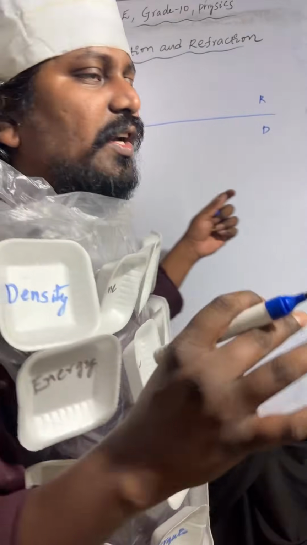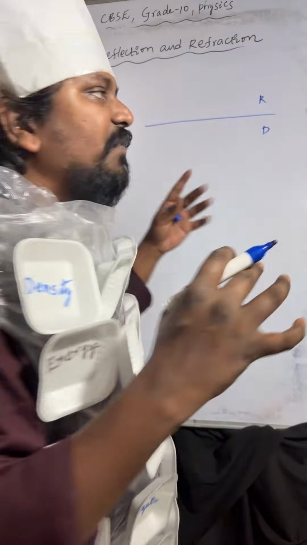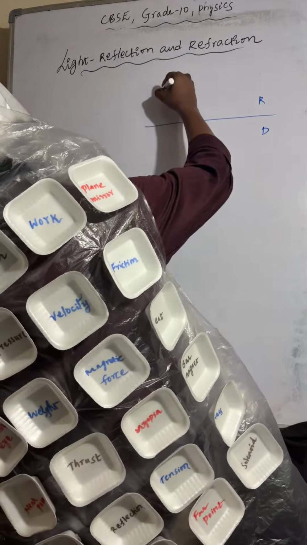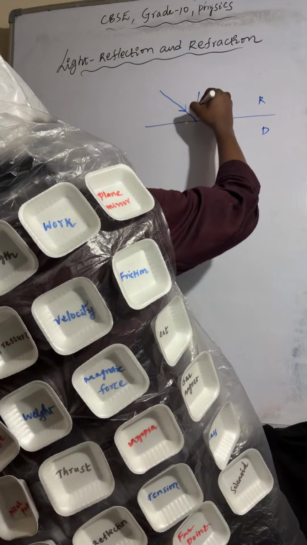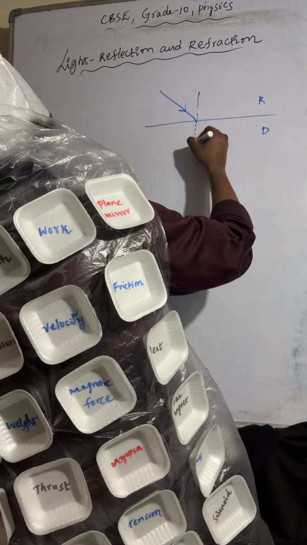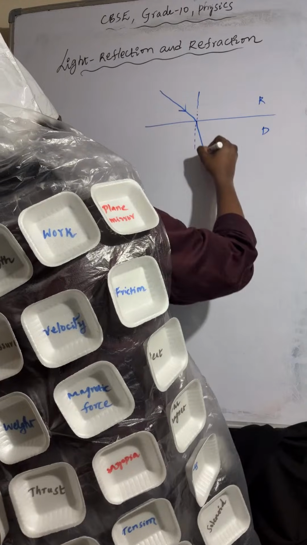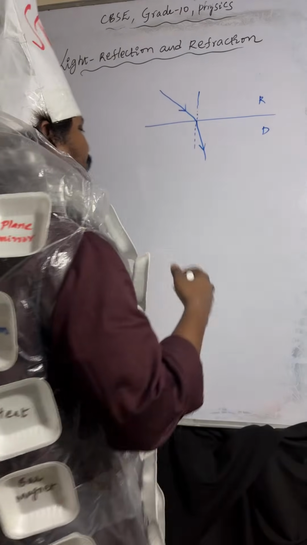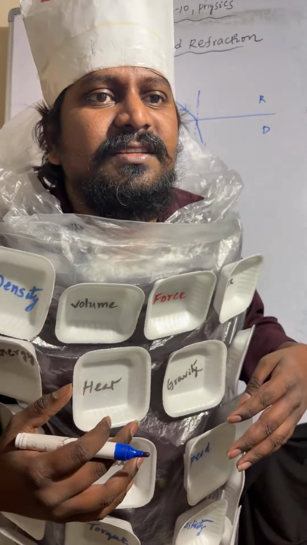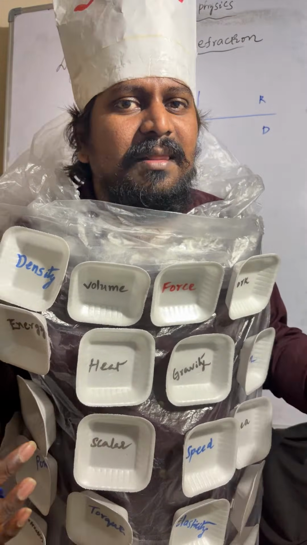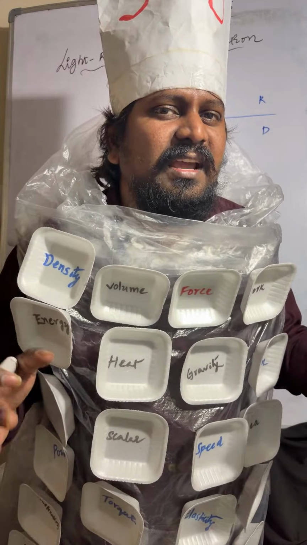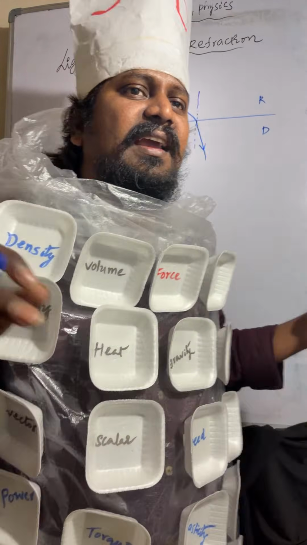So here I am taking the refraction of light. Light is moving from rarer to denser. The path of the light ray changes from one medium to another medium. The angle between incident ray and normal line is called angle of incidence.